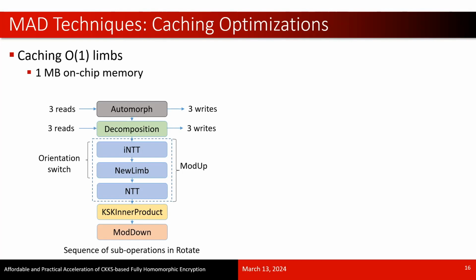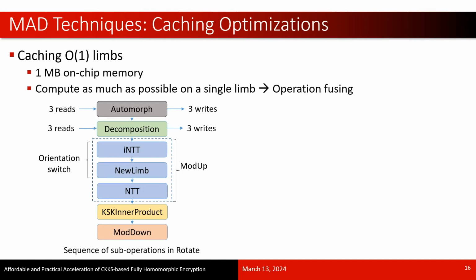However, we can do better by greedily computing as much as possible on a single limb before writing it back to the main memory. Very simple concept, but very useful in optimizing fully homomorphic encryption workloads. This requires performing the operations of several higher-level functions on a single limb before beginning the same sequence of operations on the next limb.